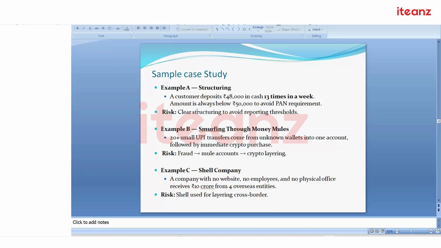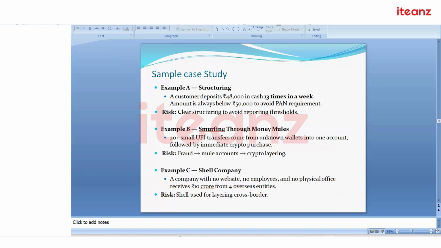So what does structuring mean? Under the RBI guidelines in India, below 50,000 you don't have to give a PAN. At 50,000 or above, you have to give the PAN number.